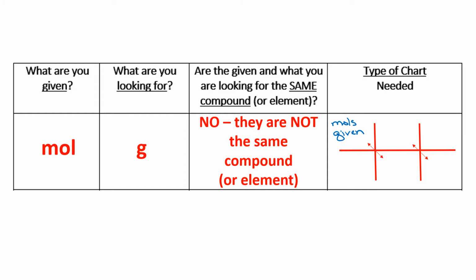So from the equation, everything that's in this box right here comes from the chemical equation. So we have moles of the given, coefficient of the given, and the coefficient of what we're looking for.